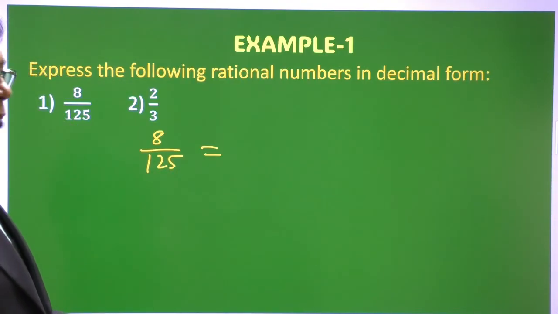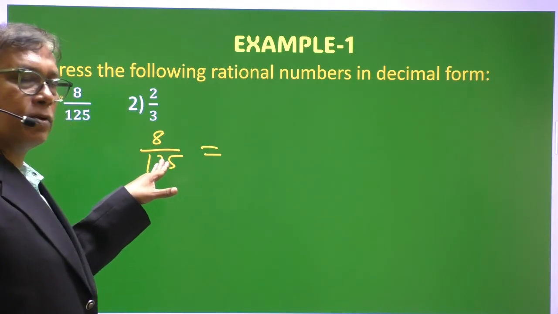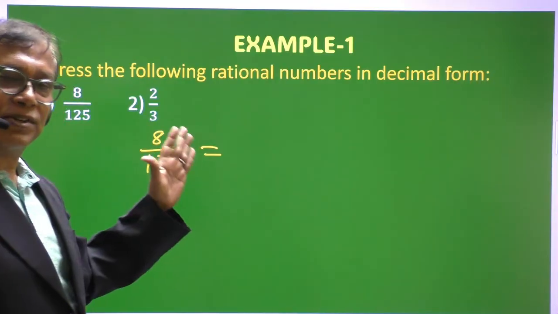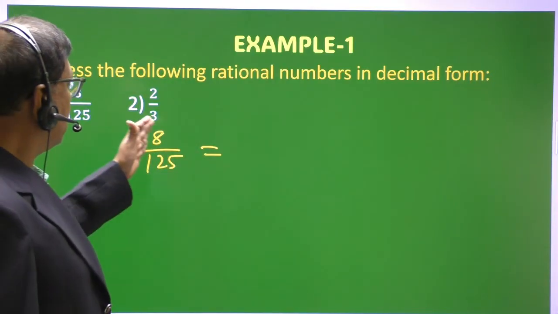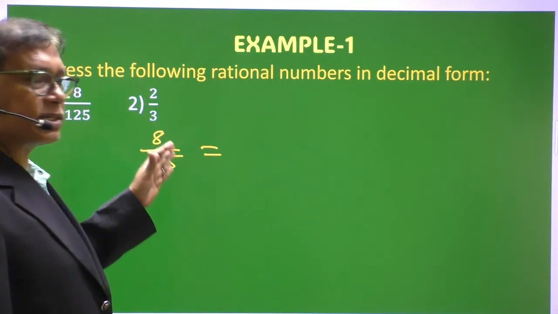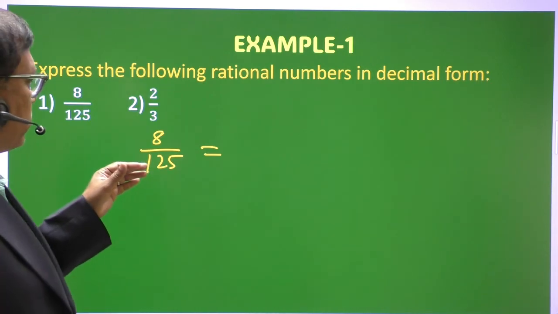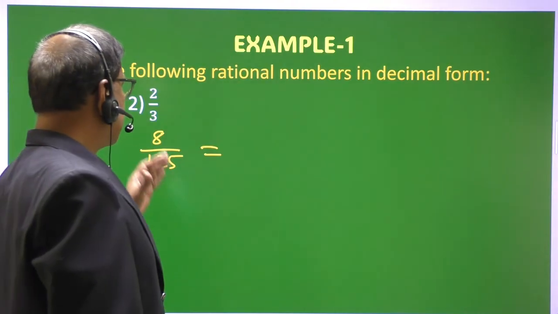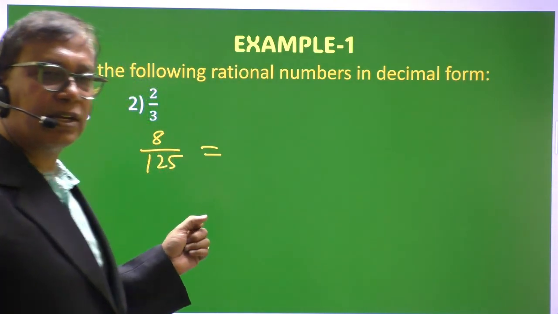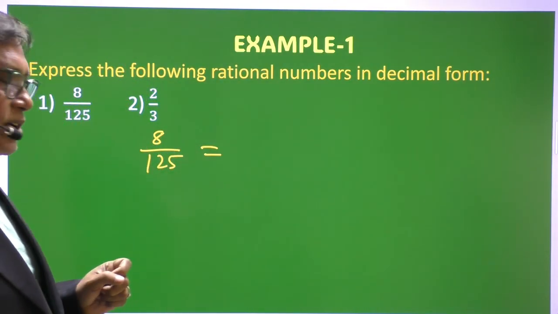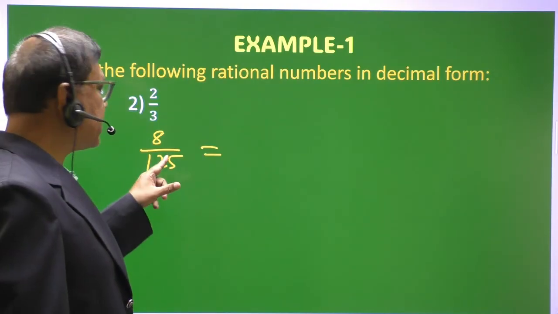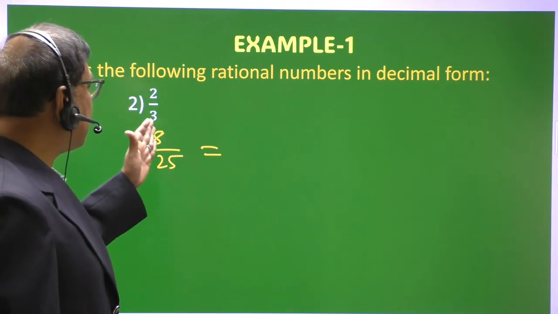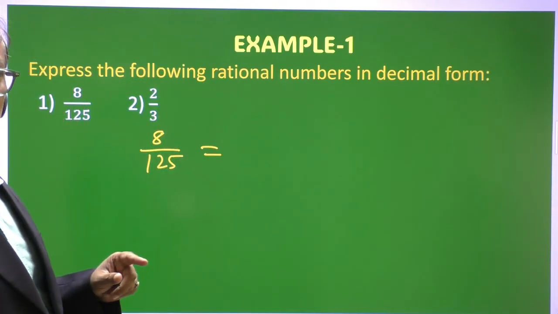When the denominator is 125, we can follow the trick, or we can complete the sum with actual division. But if we apply the trick, it will take less time. What is the trick? When the denominator is 125, multiply the numerator by 8.